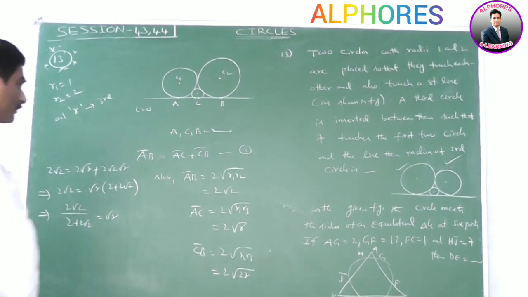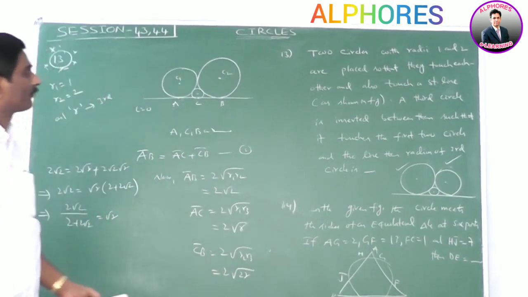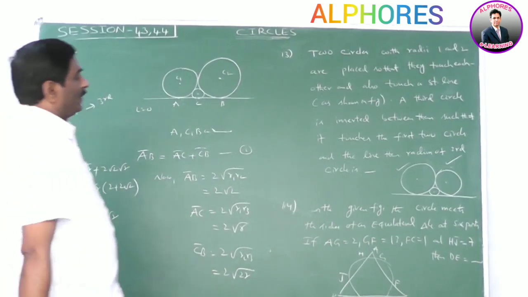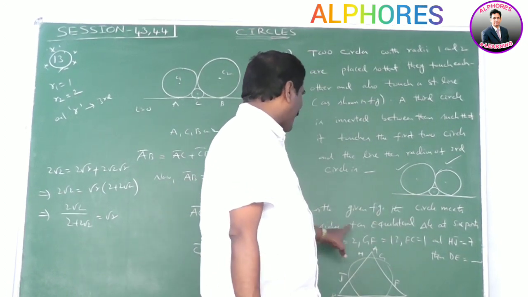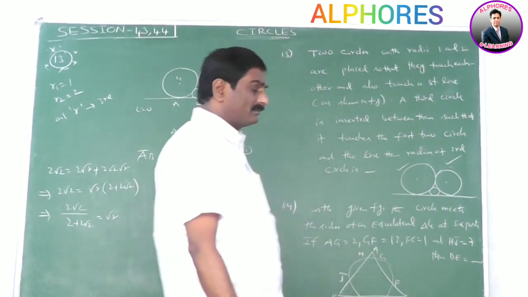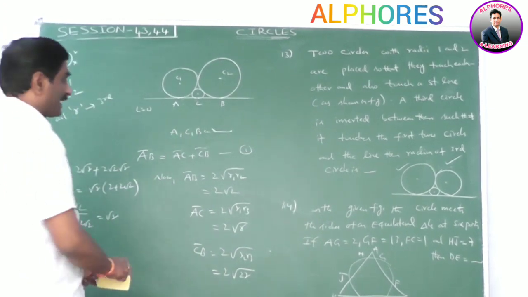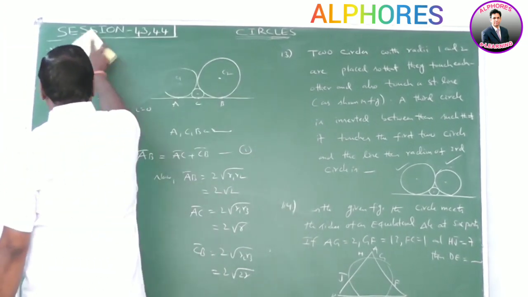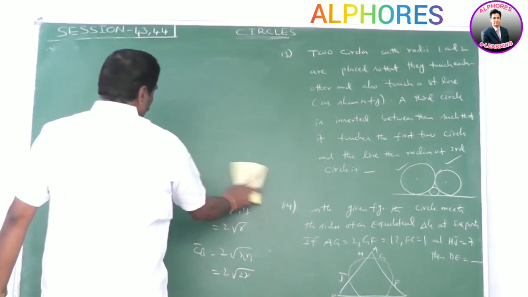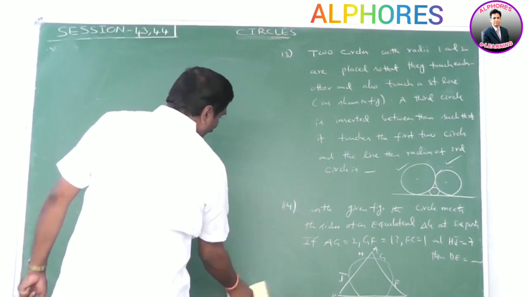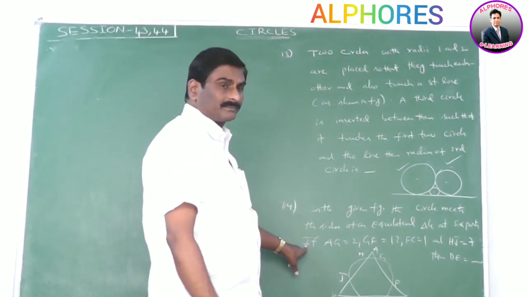Next, 14th. In the given figure, the circle meets the sides of an equilateral triangle at 6 points.